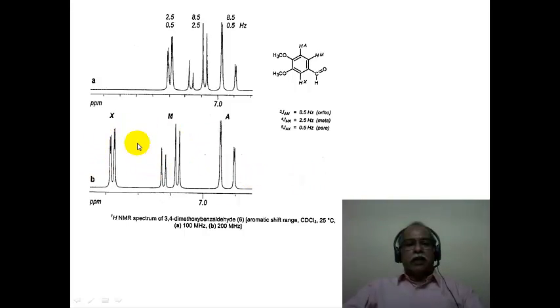Here you can very clearly see the X part to be a doublet of a doublet, and the AB part, which is further split into a doublet. In other words, the 4-line pattern is further split into a doublet for each line, because of the meta coupling as well as the ortho coupling with HM, for example, and HA, for example, as shown in this spectrum.